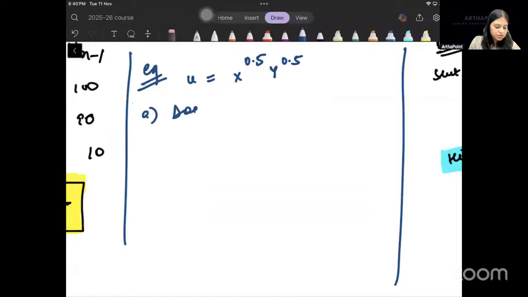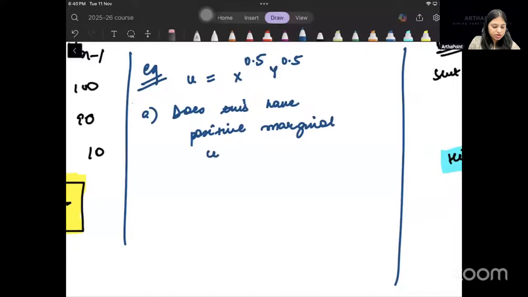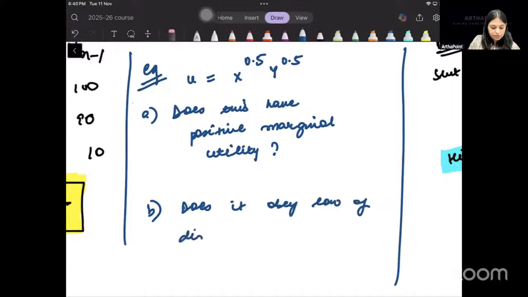First, does this have positive marginal utility? Second, does it obey law of diminishing marginal utility?